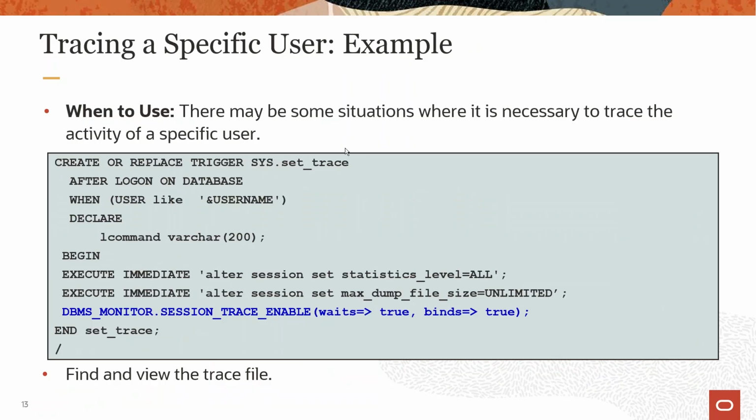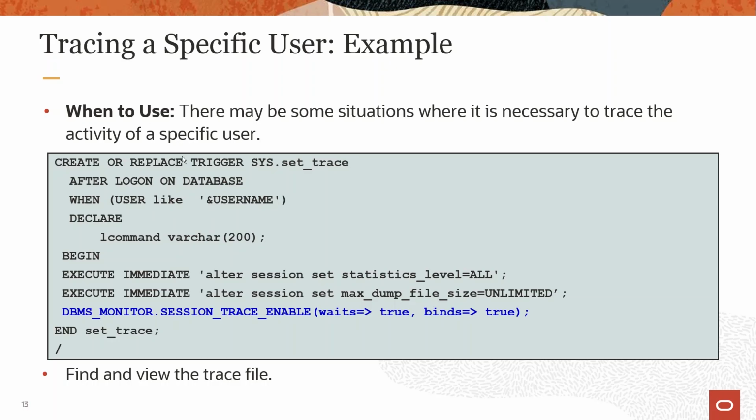Another example of tracing a specific user is that you have the possibility to create a trigger where you can say, look, this trigger will be fired whenever a login happens upon my database, where the user is like, and you specify when you create that trigger the name of the user that you would like to trace.